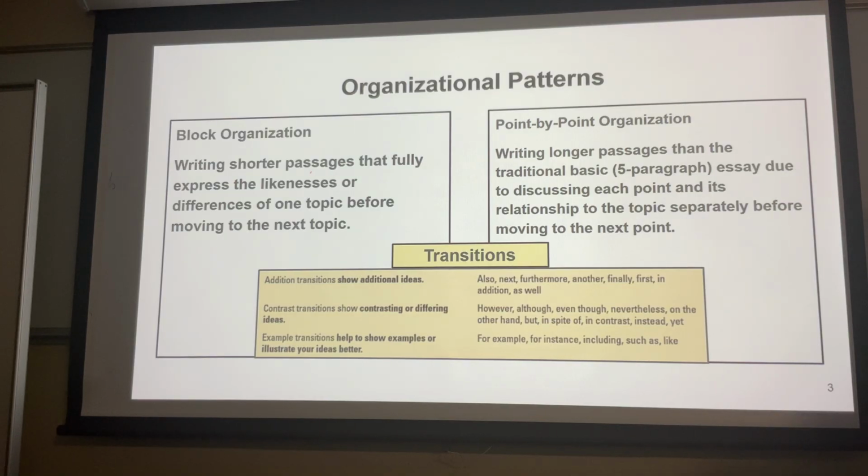Block does not mean that it's one big block of writing. You can literally do paragraphs talking about your points. So if you want to talk about Regret and you want to do block organization, maybe there's three things about it that you want to talk about. Well, each one of those three can have its own paragraph, but you don't bring up the story of an hour until you're done. Does that make sense?